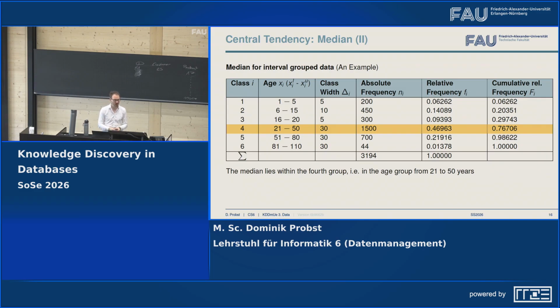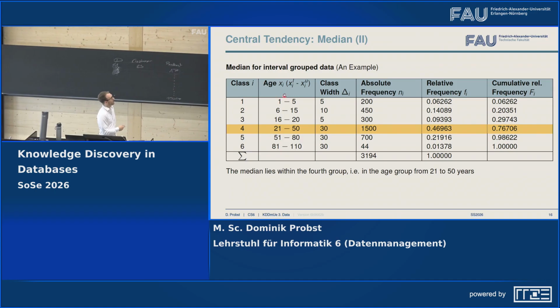In this case, for example, we simply have a data set which is about ages, where we have a class for the age group 1 to 5, a class for the age group 6 to 15, and so on. And we get provided the absolute frequency of data points in that class.